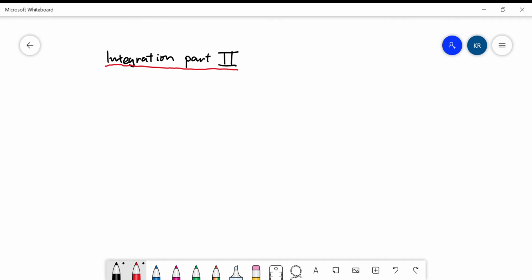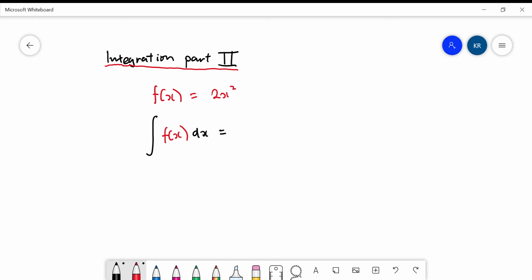So if you had a function f of x is equal to 2x squared, then the integral of f of x would be, you do the opposite of differentiation.